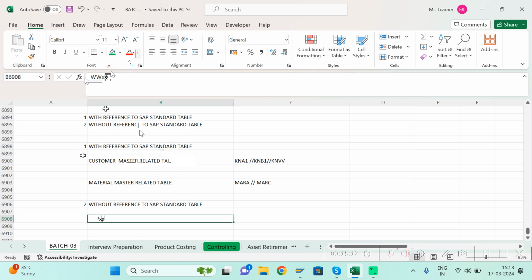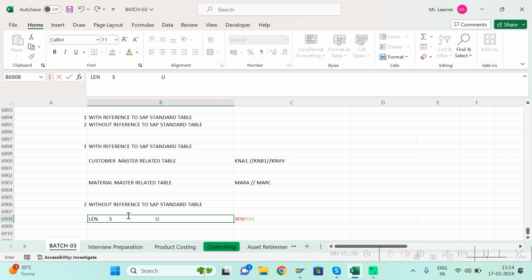So when you are creating without using the standard table, the length should be a maximum of 5 alphanumeric characters.